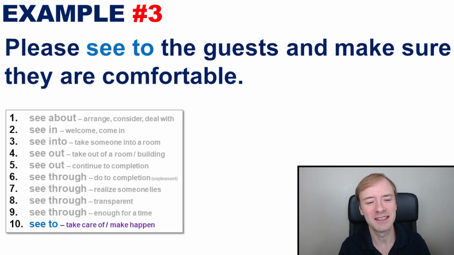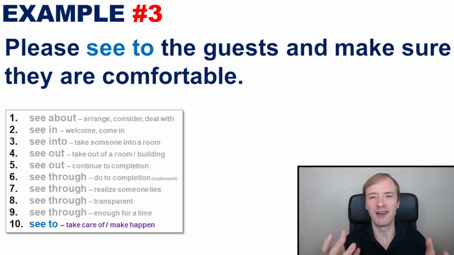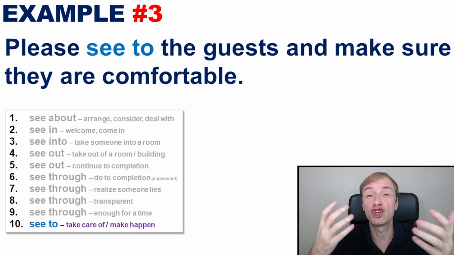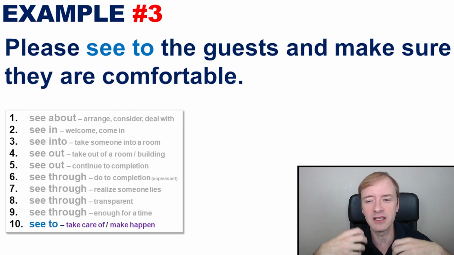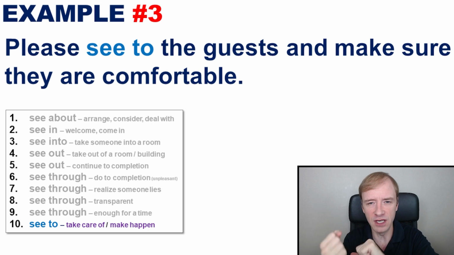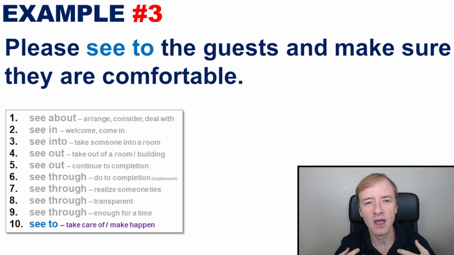In this case, it's more of take care of the guests. Make sure they're comfortable. Whatever they request, whatever job they need completed, you will do it for them. You will finish that task for them. You will make sure they're comfortable. So we would say, please see to the guests and make sure they are comfortable.